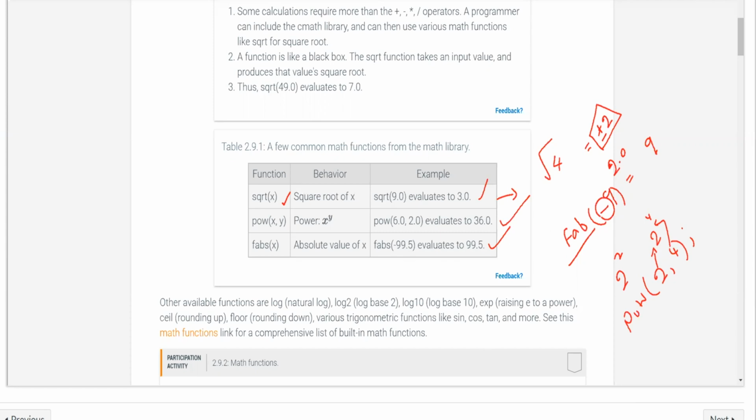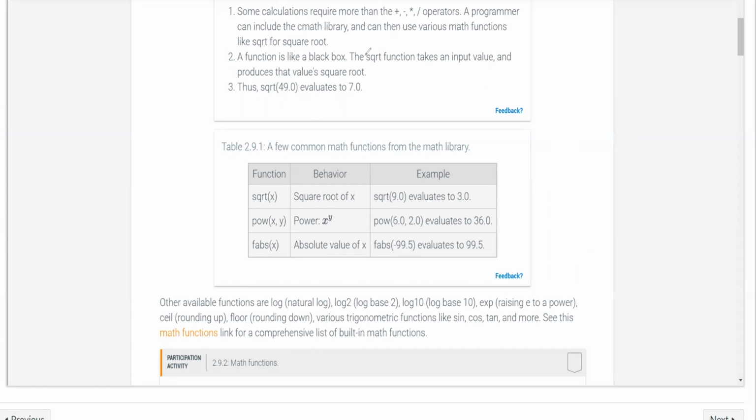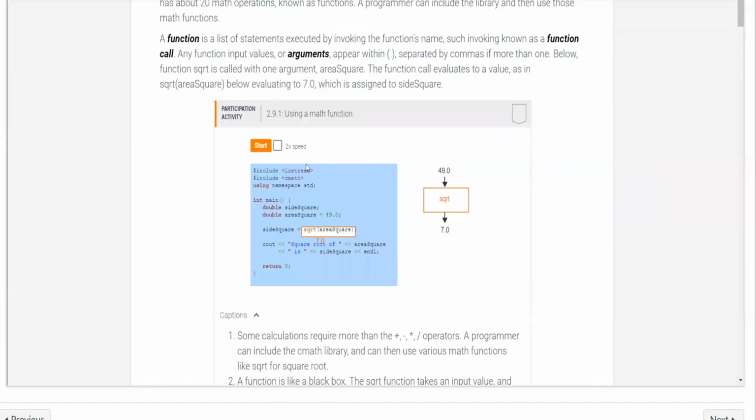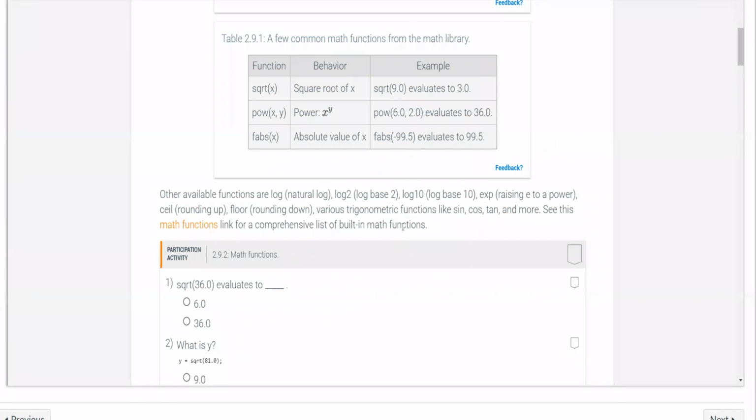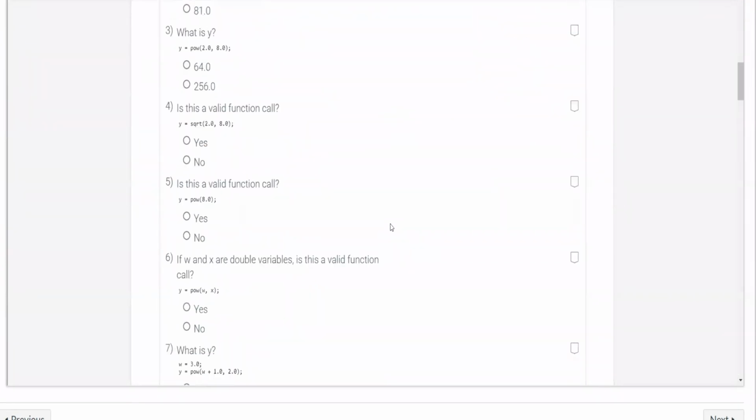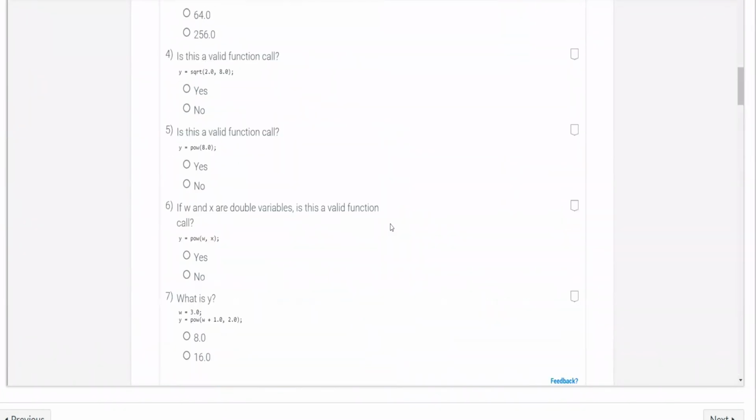Of course, there are trigonometry functions, sine, cosine. If you want to use those, CMath helps. CMath is the library we're showing right here. So if you include CMath, you can calculate those. Keep that in mind.